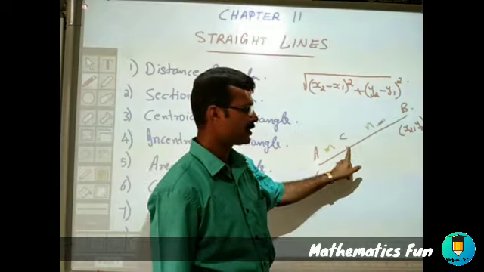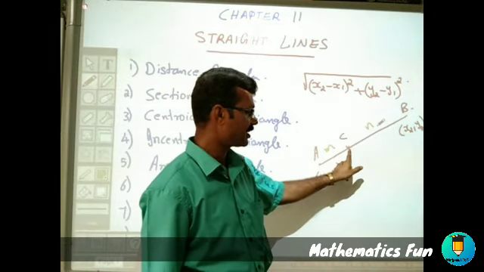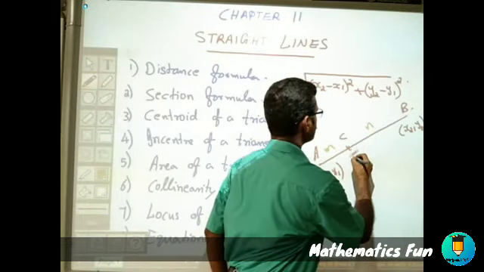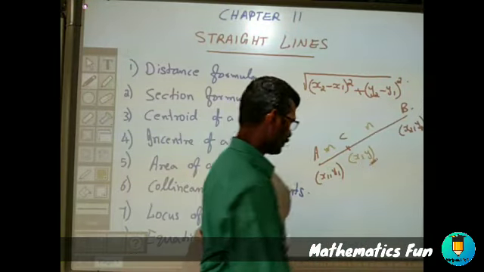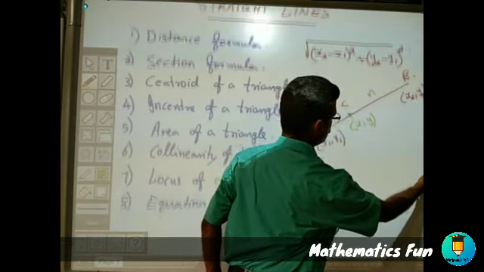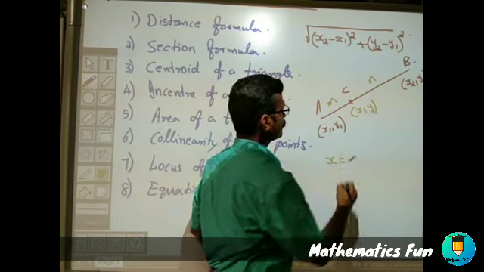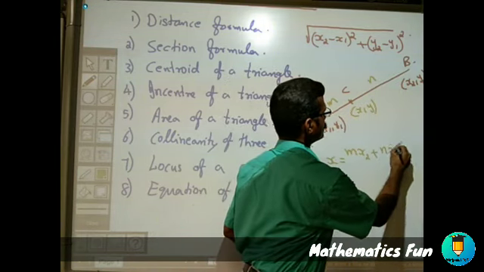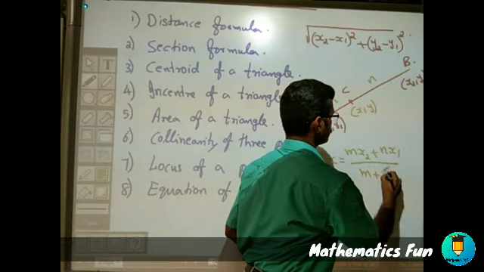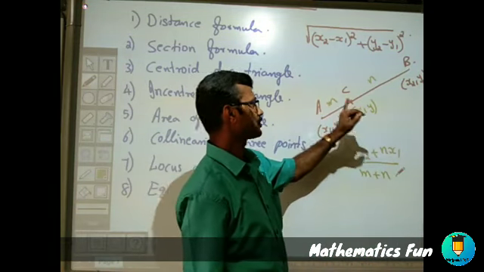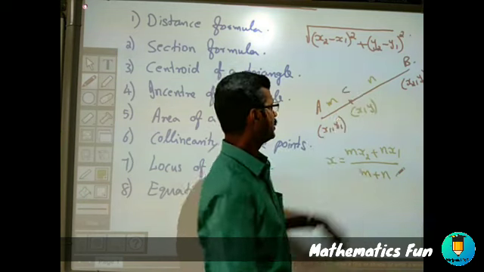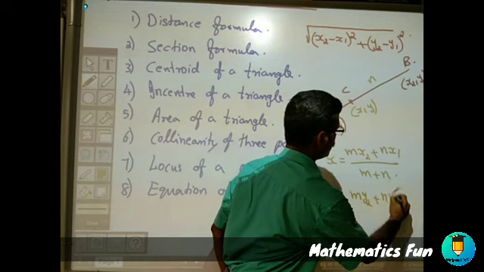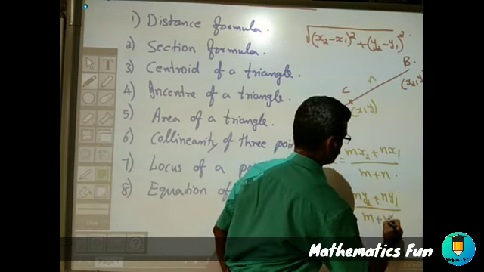Then we can find the coordinates of the point C. This is the internal division, since it is happening inside, in between A and B. The coordinates of the point C we can write as x equal to (m x2 plus n x1) by (m plus n), and the coordinate y equal to (m y2 plus n y1) by (m plus n).